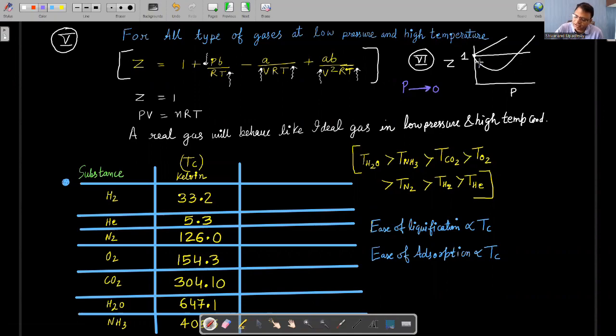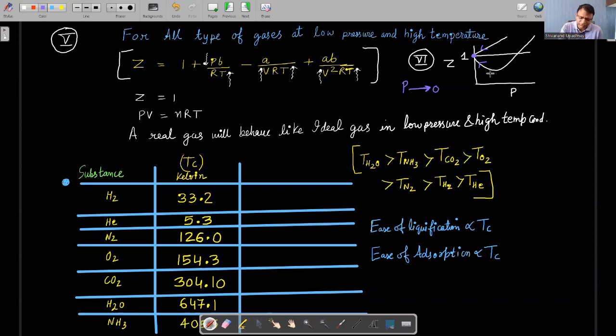So either if it is this type of gas or this type of gas, if pressure is tending towards 0, Z is tending towards 1. Z is 1 means a real gas will behave like ideal gas. So in a very large volume, when the pressure is tending towards 0, a real gas will behave like ideal gas.